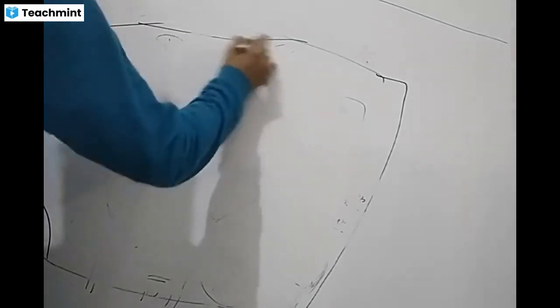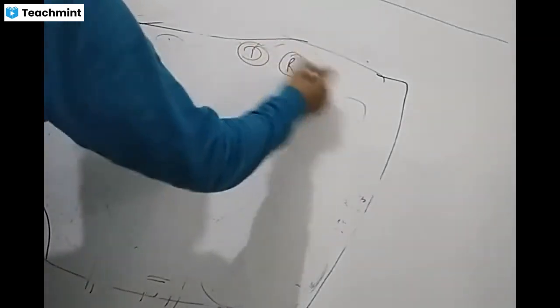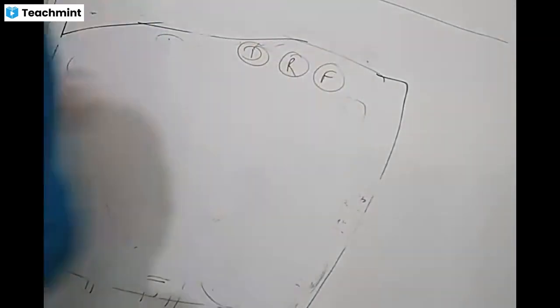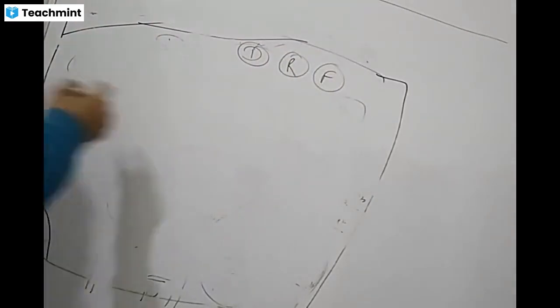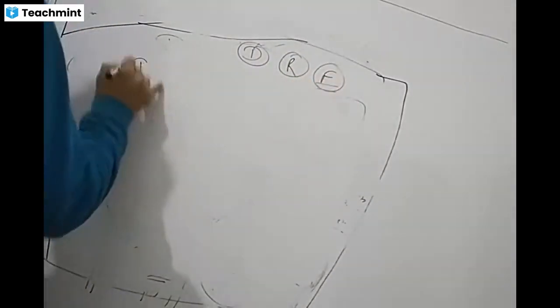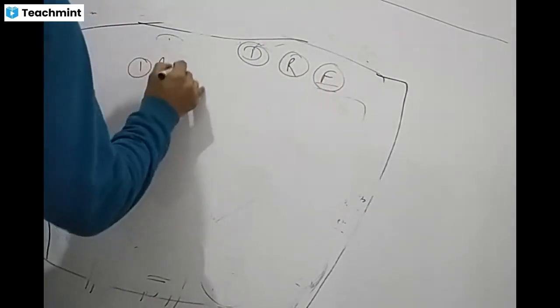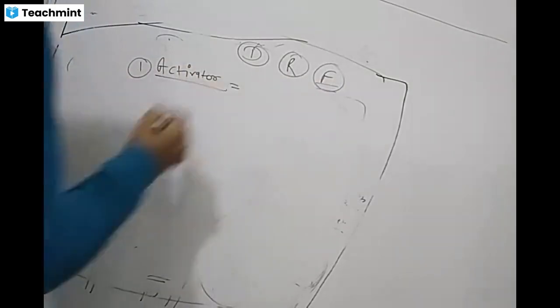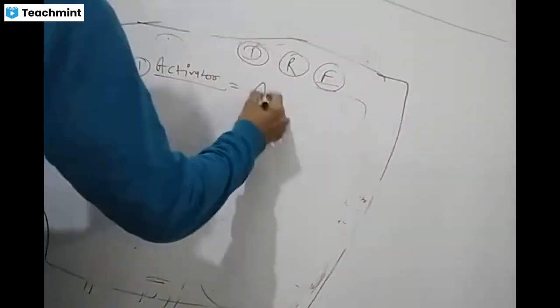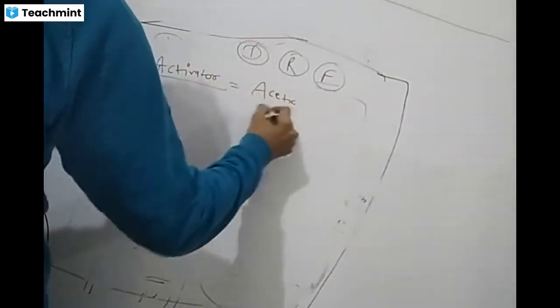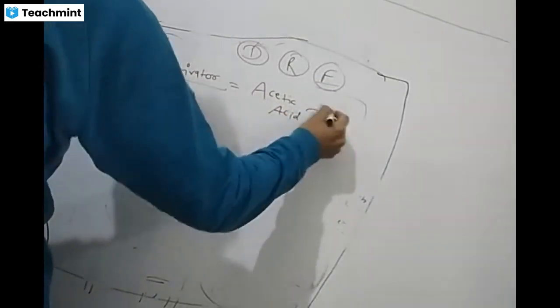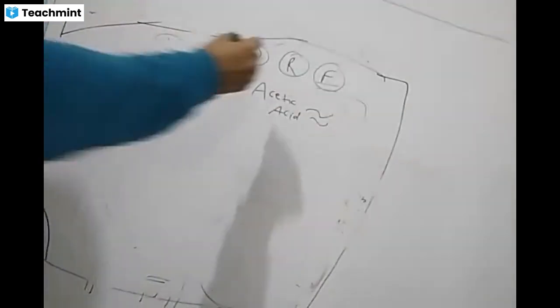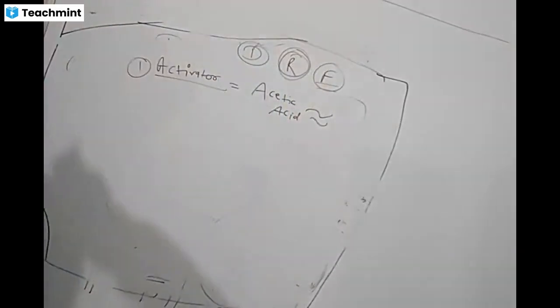After developer rinsing, we come to the fixer solution. This fixing solution first contains an activator. Activator is nothing but the acetic acid. This is similar to the rinse acetic acid stop bath.